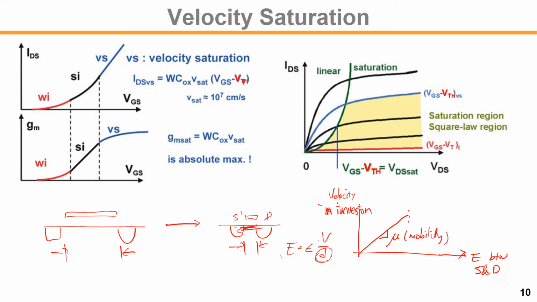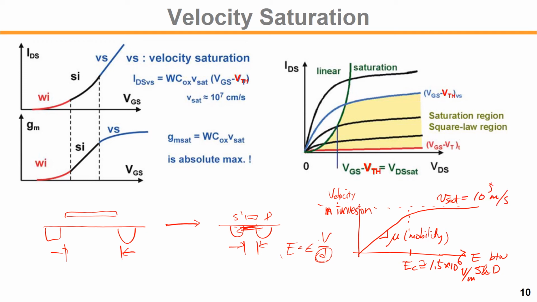But at a critical electric field, approximately 1.5 times 10 to the power of 6 volts per meter, it saturates. The velocity doesn't increase with the E field anymore, at Vsat of around 10 to the power of 5 meters per second.